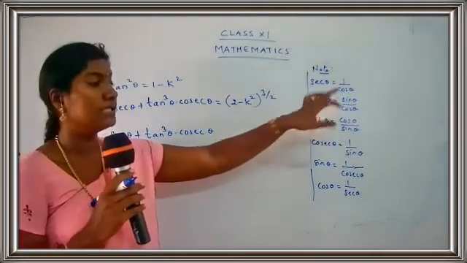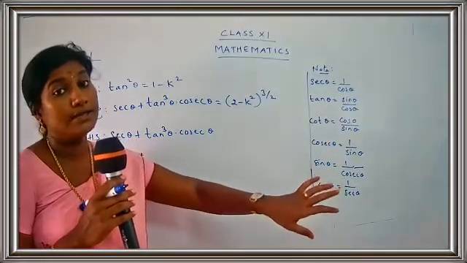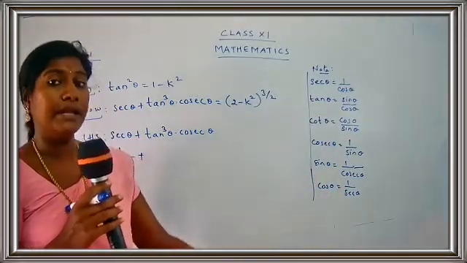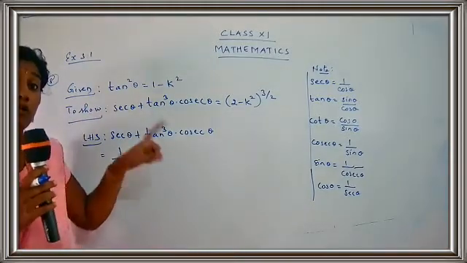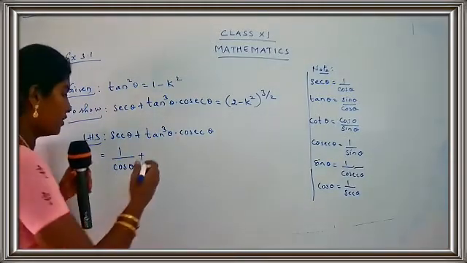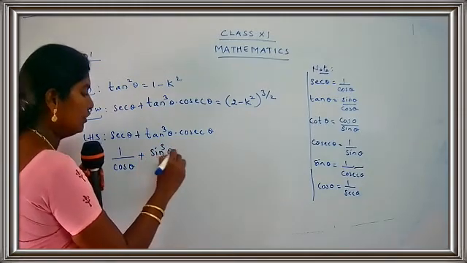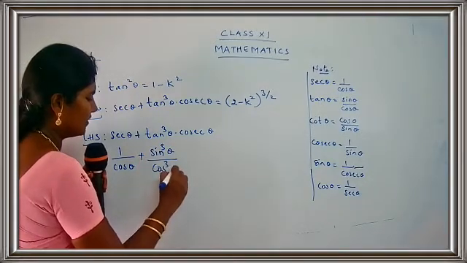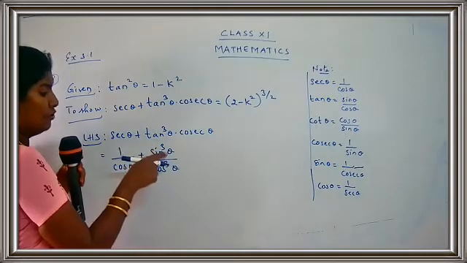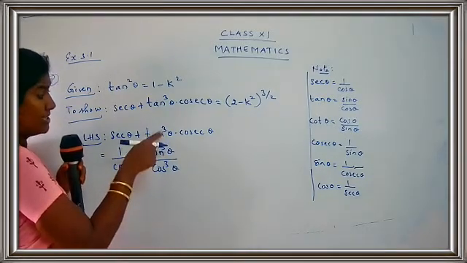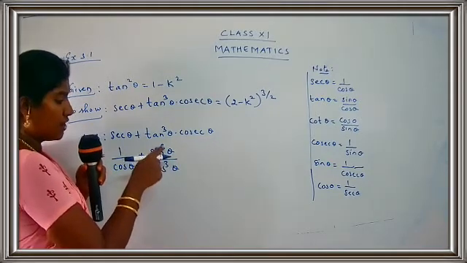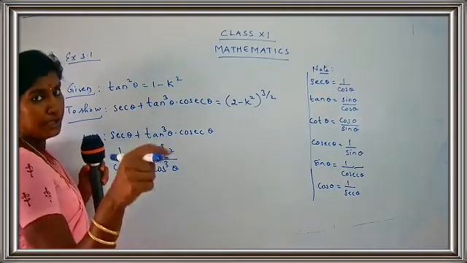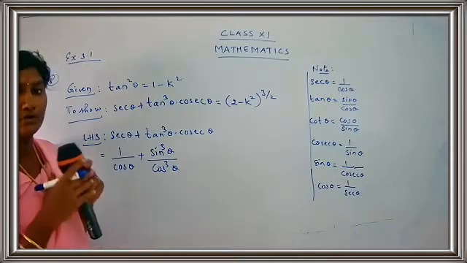Tan theta is equal to sin theta upon cos theta. But here we need tan cube theta. So this is equal to sin cube theta upon cos cube theta. A very simple thing, children. Because it's tan cube theta, just introduce the power 3: sin cube theta upon cos cube theta.